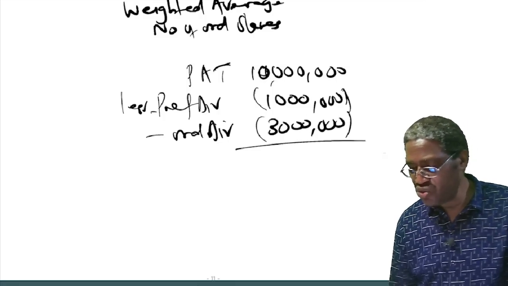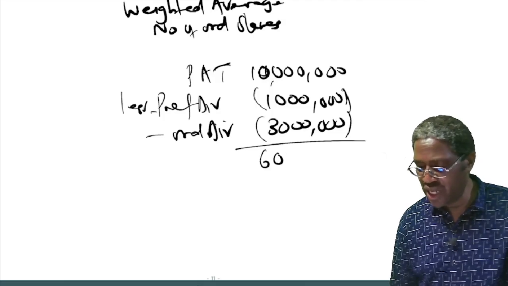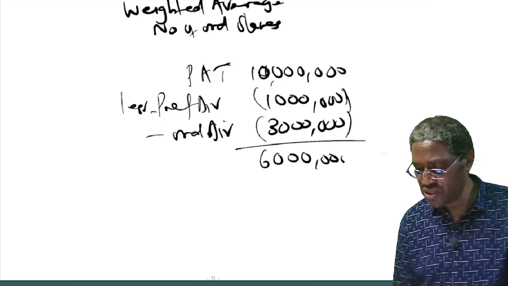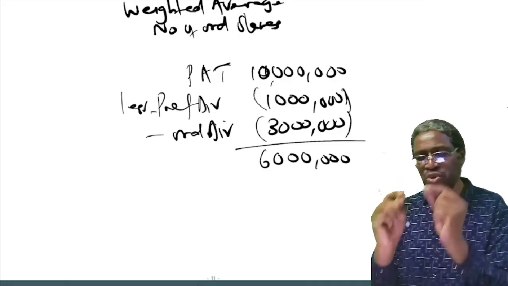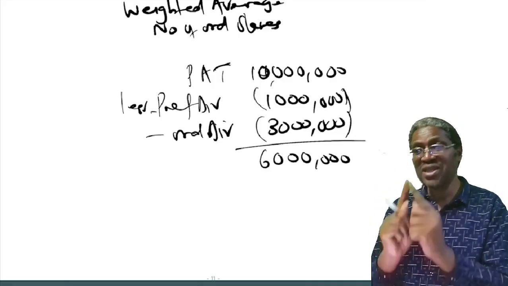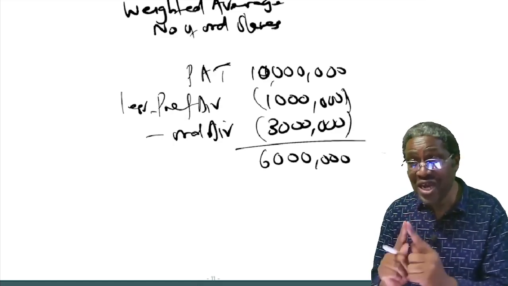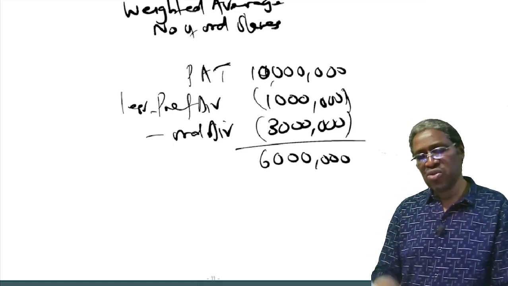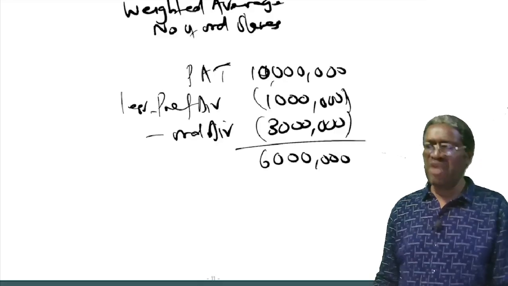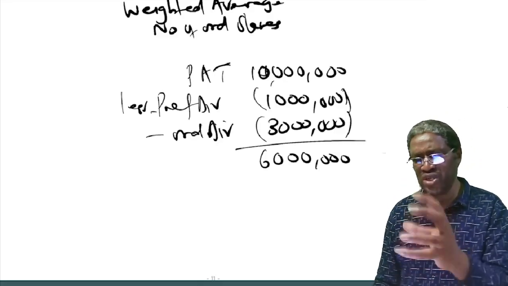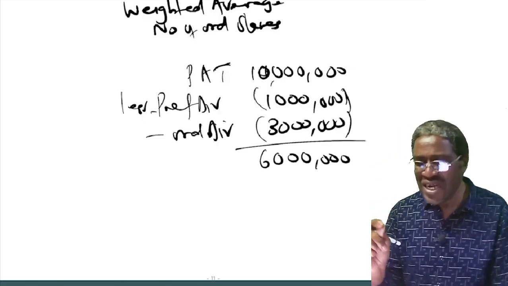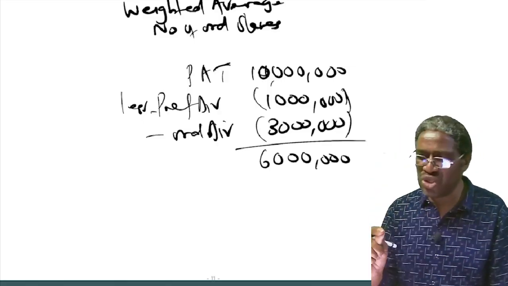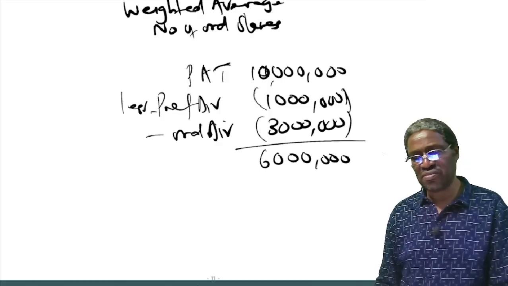So that leaves you with 6 million. So the question is now, listen, we are trying to compute the earnings per share that is attributable to the ordinary shareholders. So let me ask you, if you are given an income statement of this nature, how much would you say is the earnings that are attributable to the ordinary shareholders?